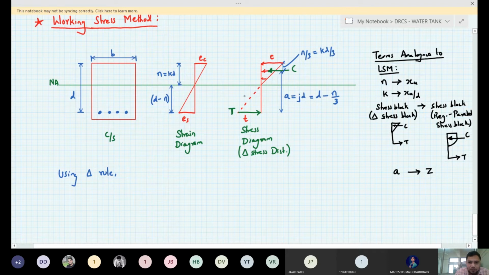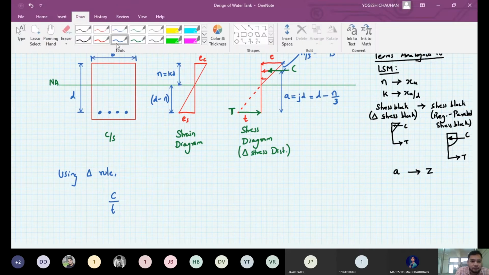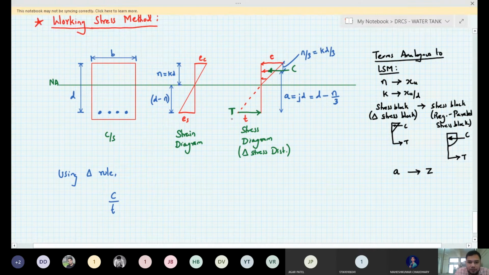So from this we can say C by T, or we can write this as C dash also. C dash is equal to T by M.